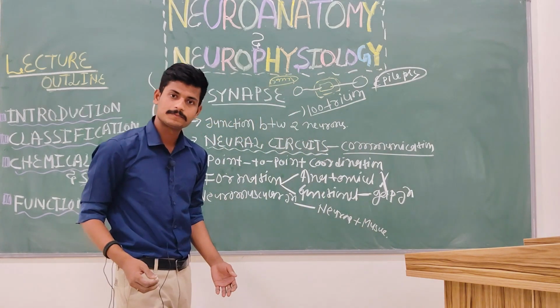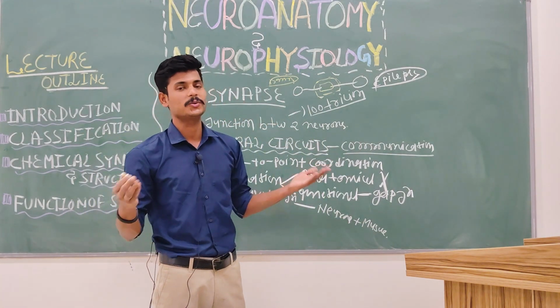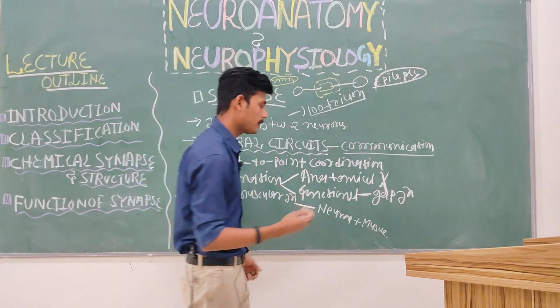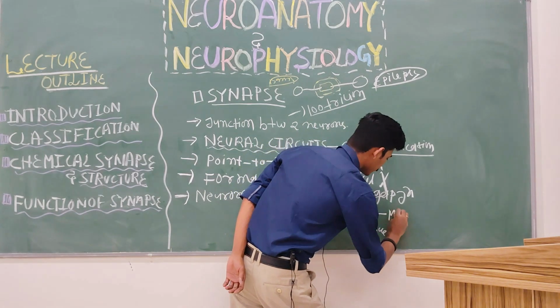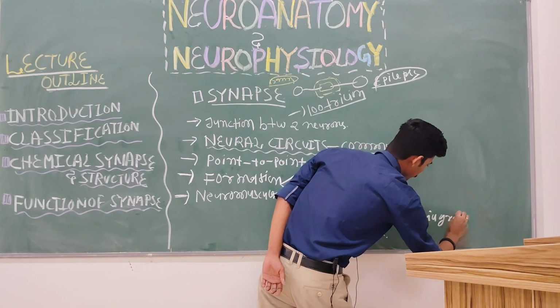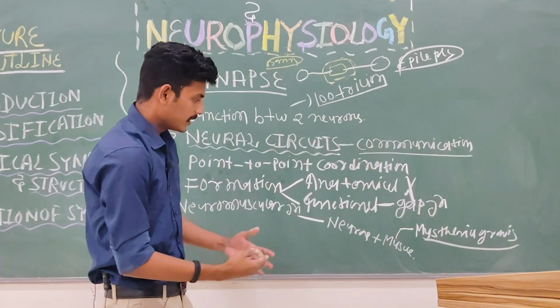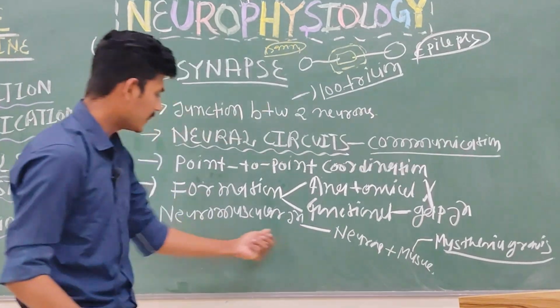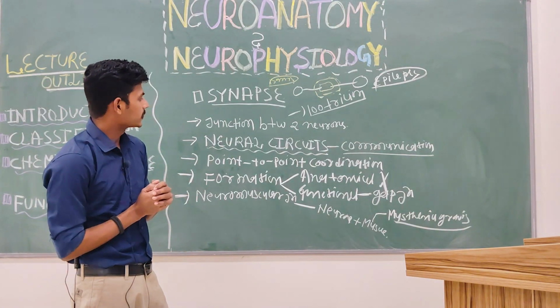And if somehow this connection becomes disrupted, it results in diseases. One example you can write down is myasthenia gravis. It's an autoimmune kind of disease in which there is a problem in the neuromuscular junctions.